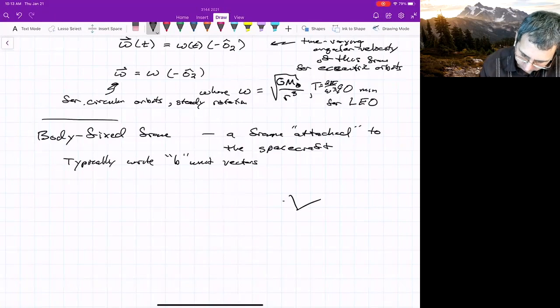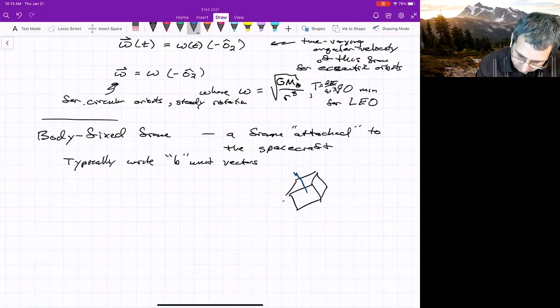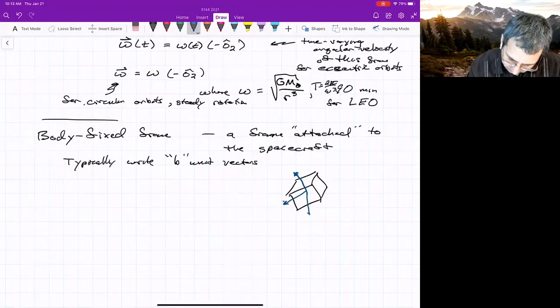So if I draw my handy dandy satellite as a box thing, these are directions that are attached to the different faces. So let's call this, say, B1, B2, B3.